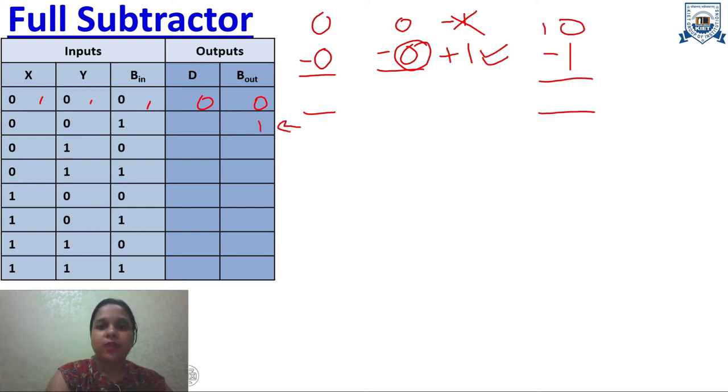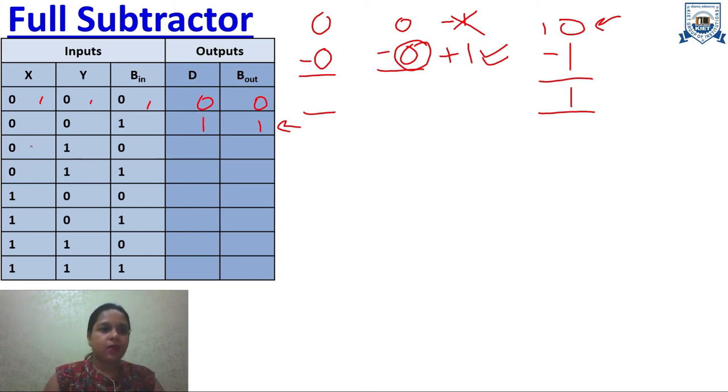Since we have taken a borrow, 1 will be written over here in the borrow out place. Now this 1 0 numerically is 2, and 2 minus 1 is 1. So the difference will be 1.